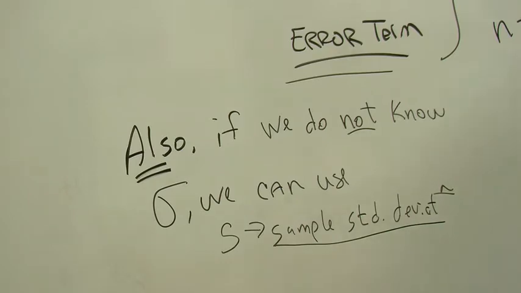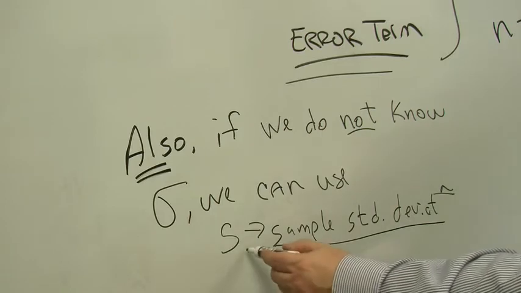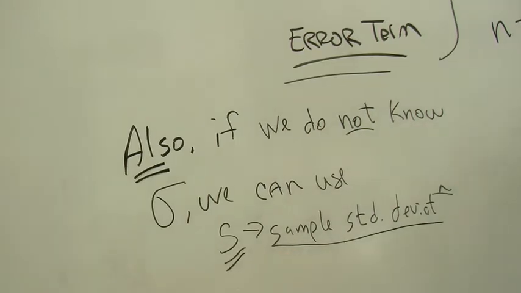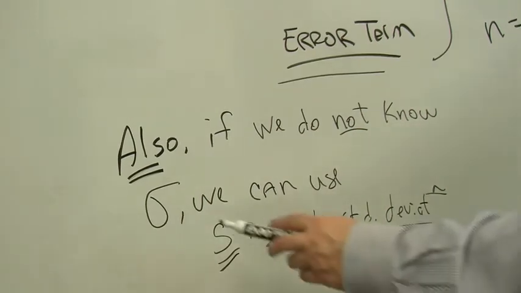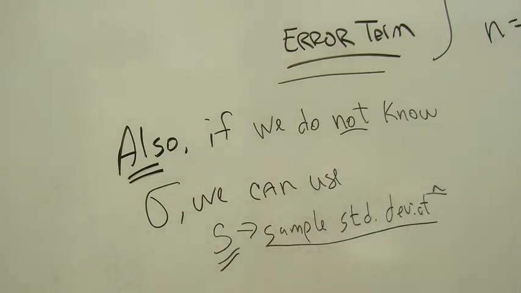So just as we use x bar, the sample mean, to estimate mu, the population parameter for the mean, we can also use s, the sample statistic standard deviation, to estimate the population standard deviation.